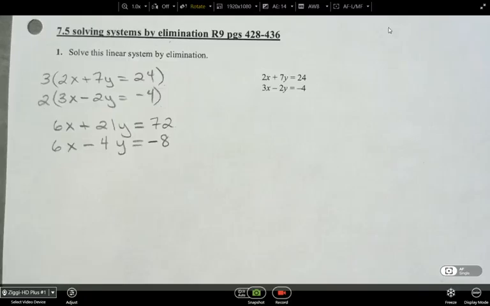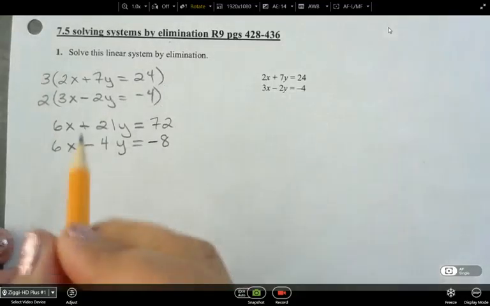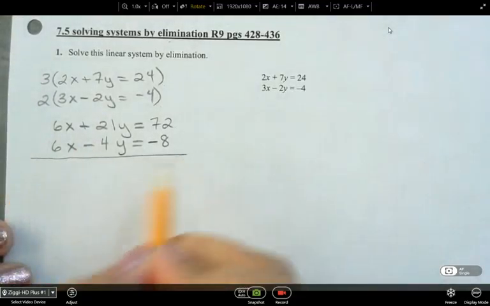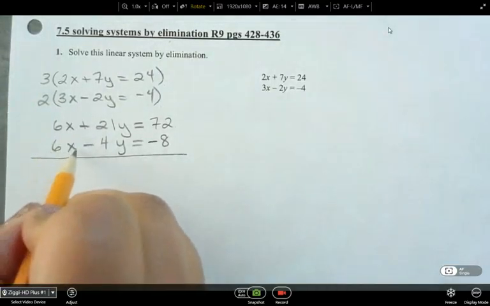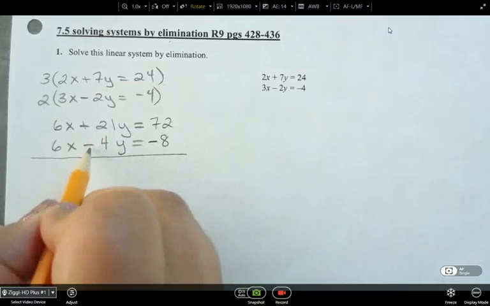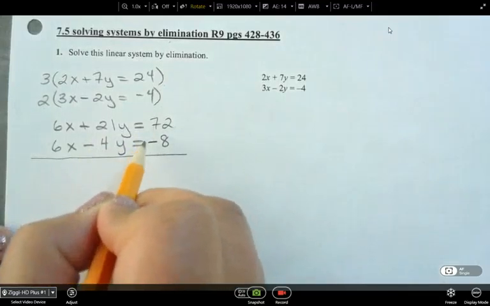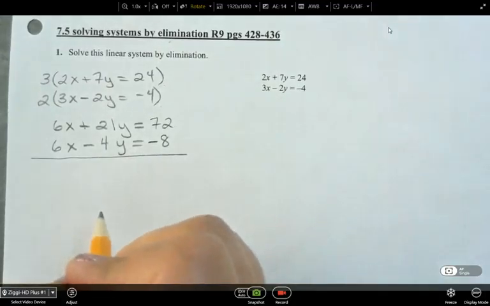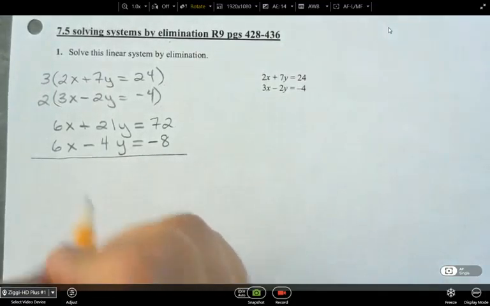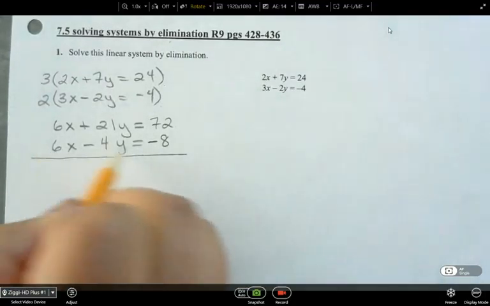All right, so now I have this set up really nicely where my x's both have the same coefficient. Now, in order to make it 0, am I going to be adding or subtracting these? Okay, so I'm going to go 6x minus 6x, 21 minus negative 4, 72 minus negative 8. Is there a way that I could just make the work easier for myself? What can I do to this bottom?